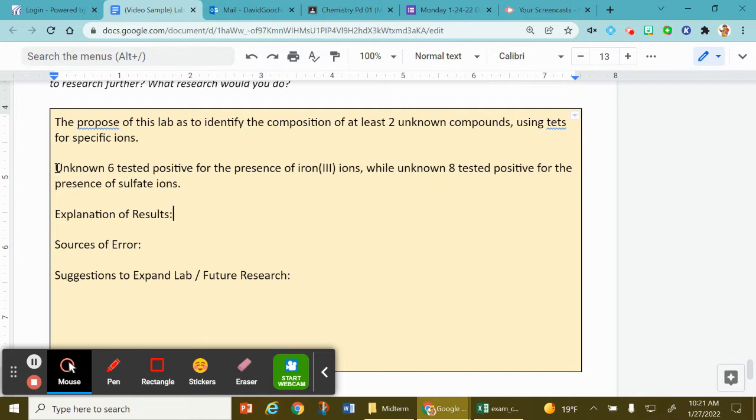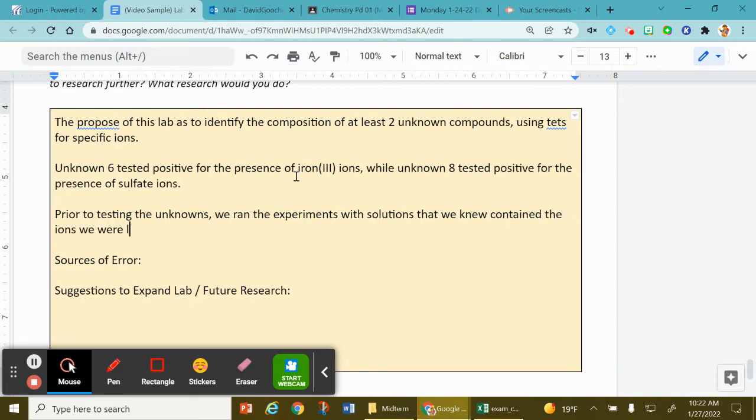Okay, so how do we know that unknown 6 tested positive for the presence of iron 3? Well, let's explain how this worked. Prior to testing the unknowns, we ran the experiments with solutions that we knew contained the ions we were looking for.